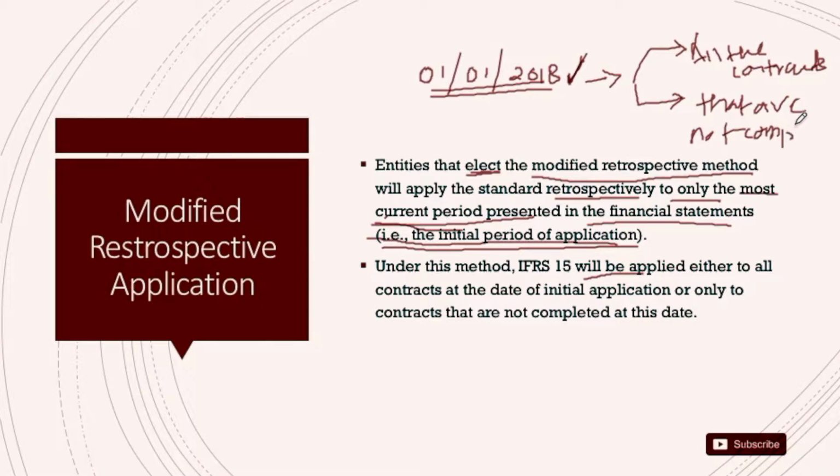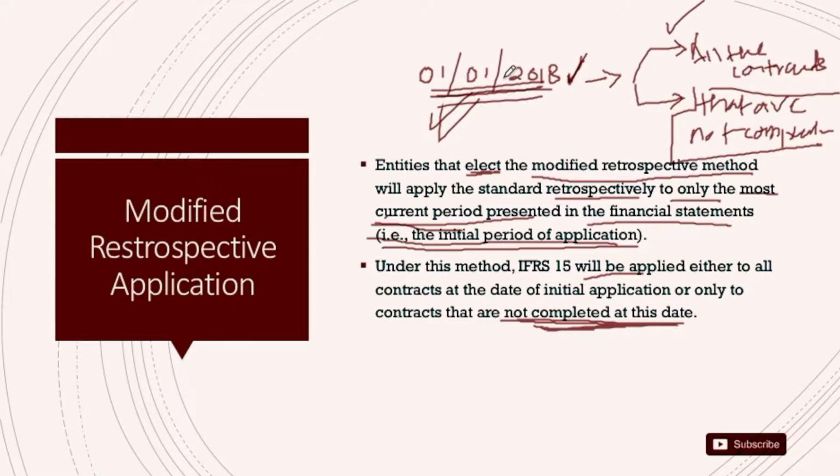As you've gone through my previous videos, I've defined what we mean by completed contracts. So the modified approach can be applicable either to all the contracts, or to those contracts which are not yet completed on the initial date of application, that is 1st January 2018. I'm assuming you follow a calendar year. So this is the modified retrospective application.